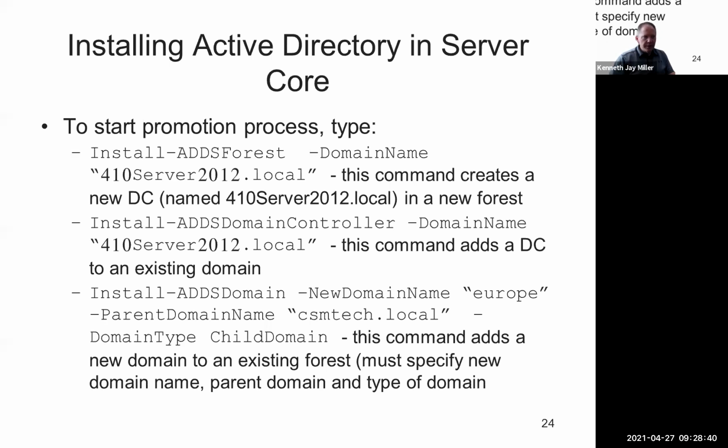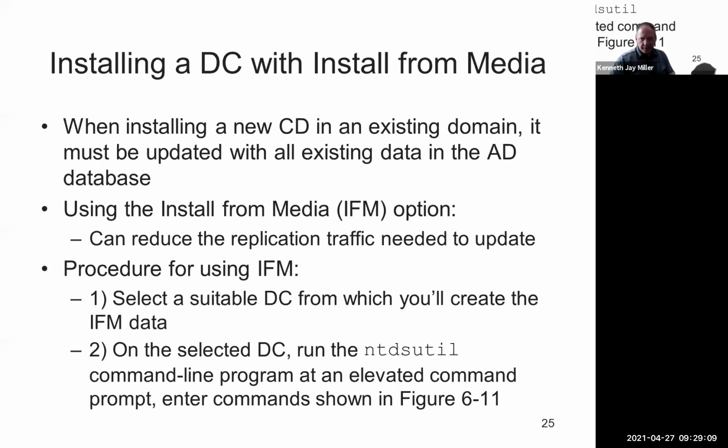So if we were creating domains on 10 different machines, we could go on each machine and install the feature, wait, click next, wait, click next, or we could just go to PowerShell, remote into that machine with PowerShell remote, and run these commands and be done with it. So it's much more efficient.